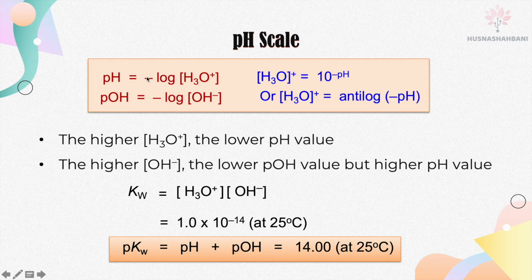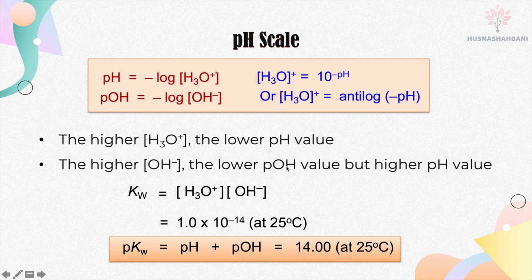So on the pH scale, pH equals negative log H3O+, and pOH equals negative log OH-. The H3O+ concentration equals 10 to the power of negative pH, or it can be written as the antilog of negative pH. The higher the concentration of H3O+, the lower the pH value. The higher the concentration of OH-, the lower the pOH value.